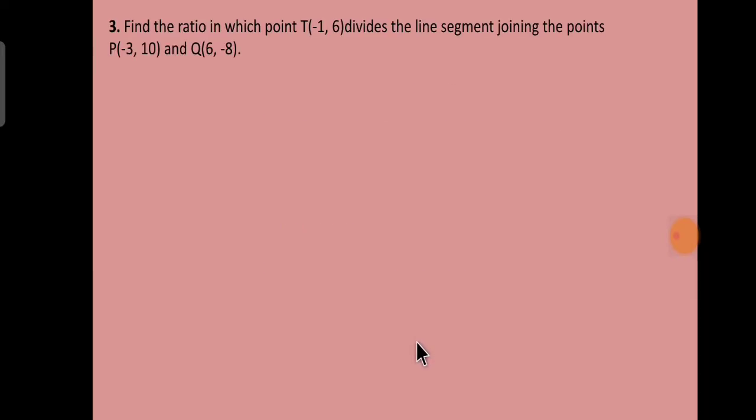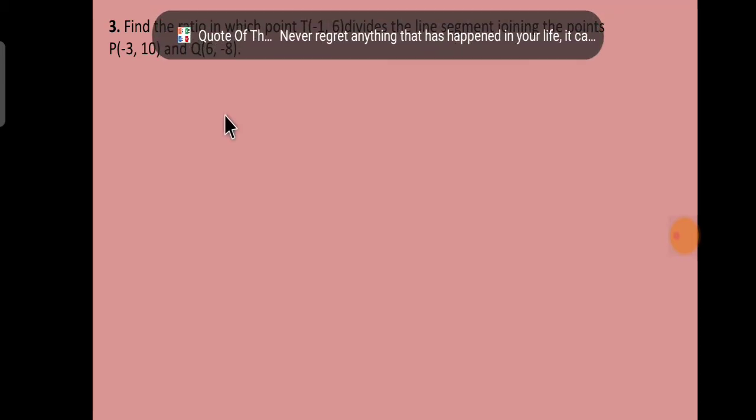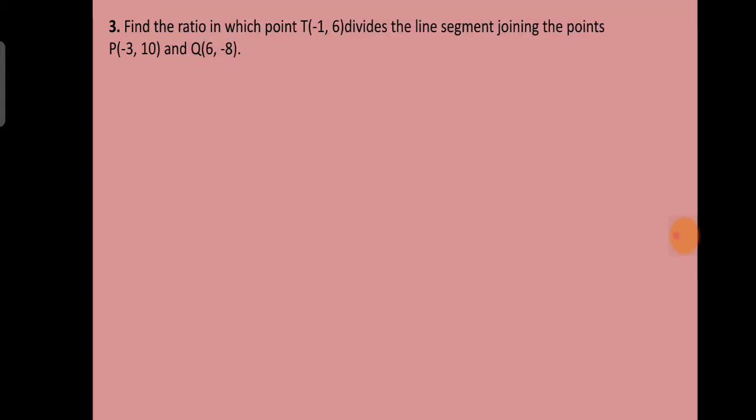तर प्रश्न क्रमांक 3. Find the ratio in which point T (-1, 6) divides the line segment joining the points P (-3, 10) and point Q (6, -8).